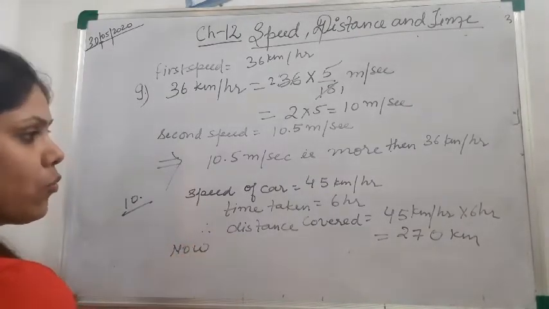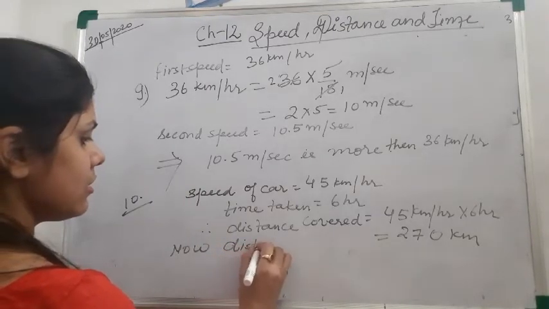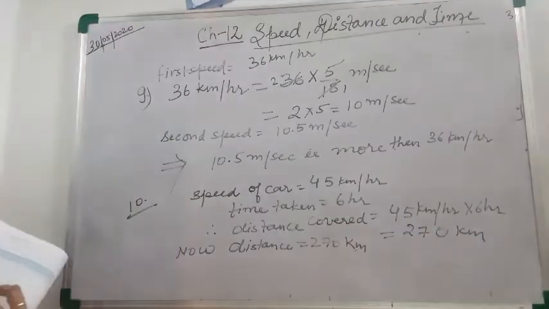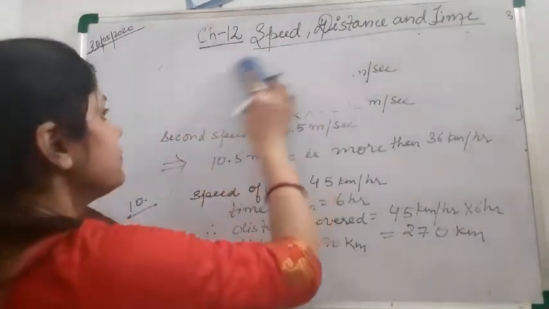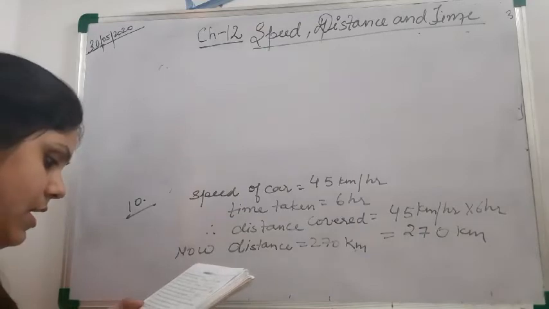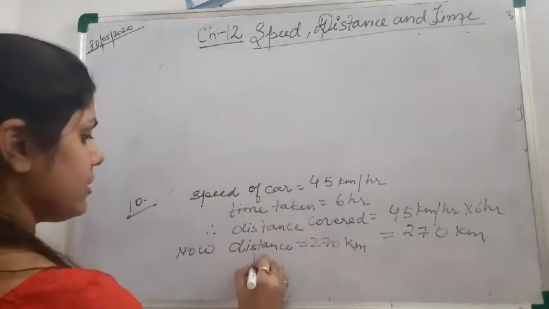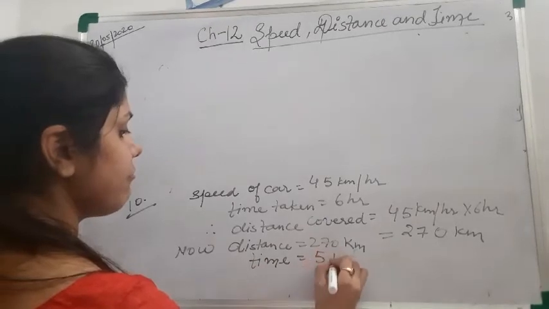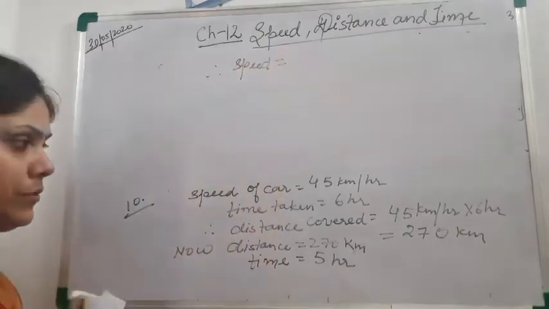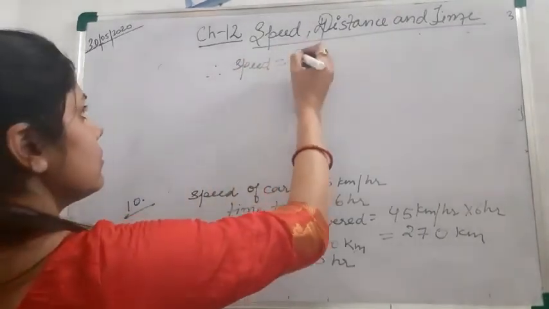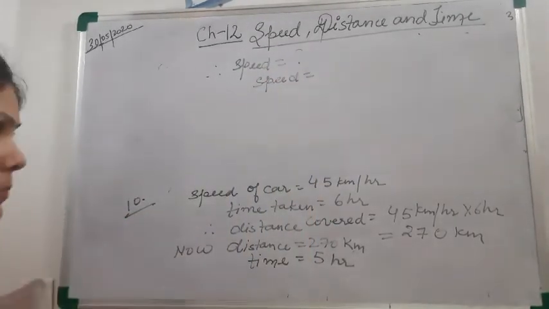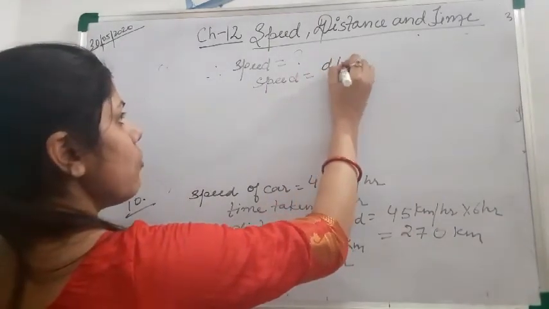Now, what is the distance? Now, distance is equals to 270 kilometer. And time is, now distance is 270 kilometer and time is 5 hours. Therefore, speed is equals to distance upon time.